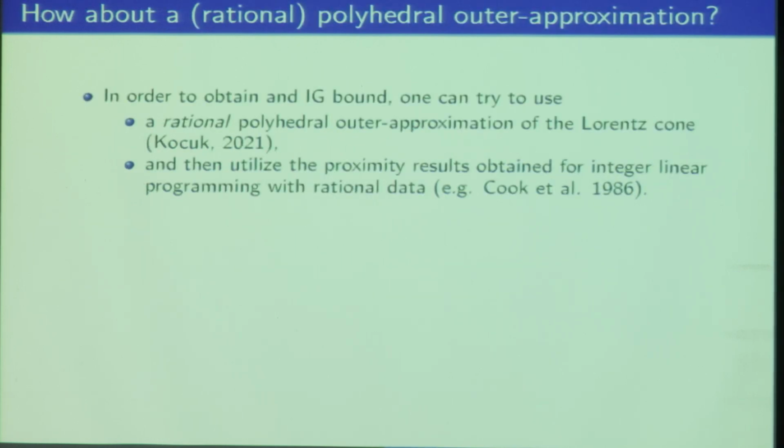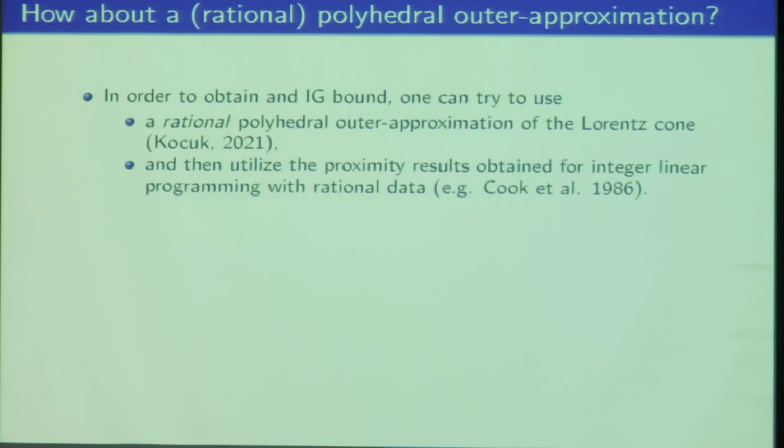How about cheating? If we can find the outer approximation of the Lorentz cone, maybe then we can use Cook's results to get some bound. Well, first of all, to outer approximate the cone, you have to be careful. You have to use rational outer approximation because Cook's result assumes that.